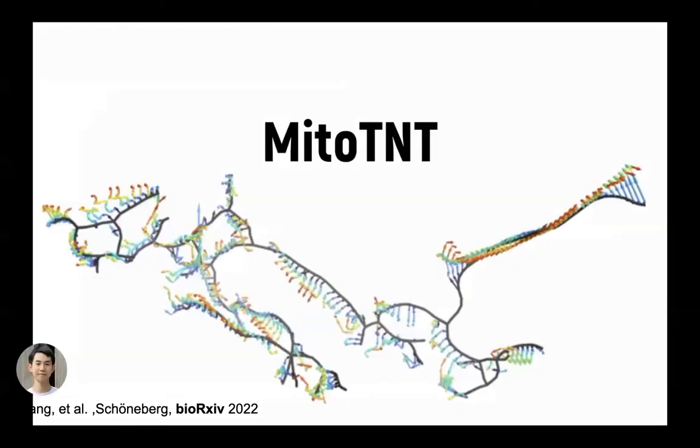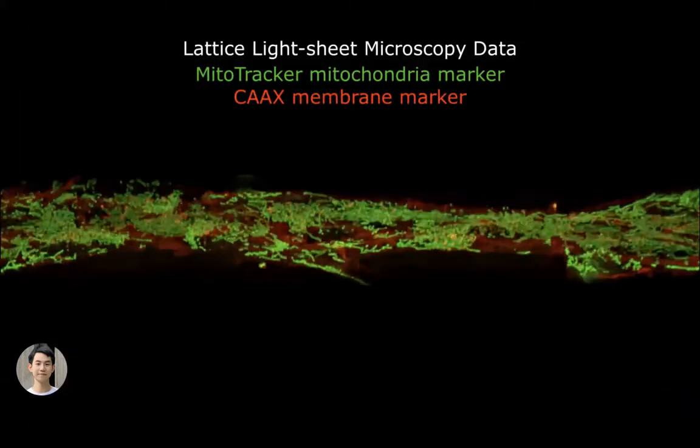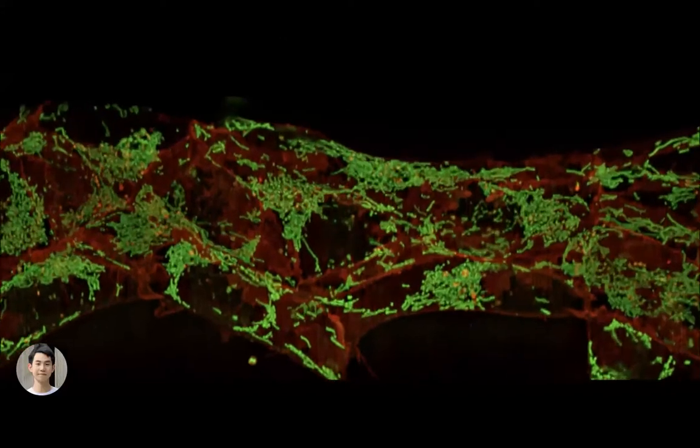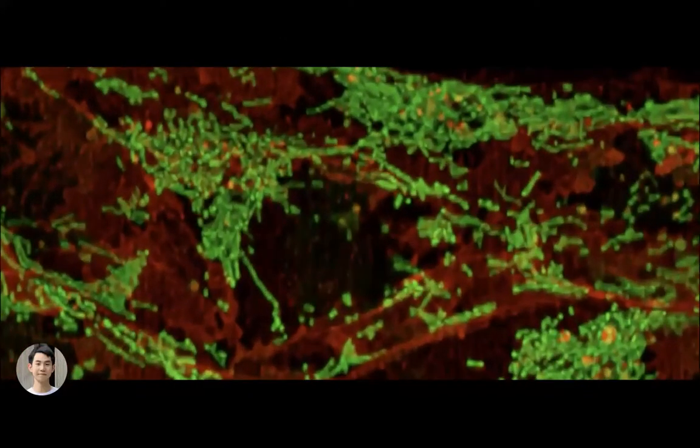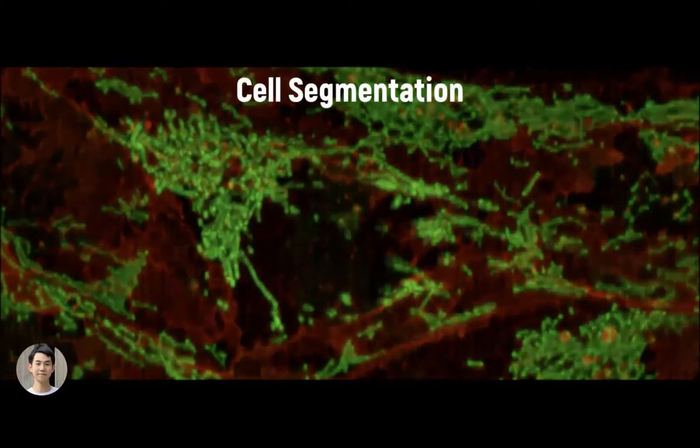We call this MitoTNT, for mitochondrial temporal network tracking. What it does is it takes 3-dimensional time-lapse data, so 4-dimensional lattice light sheet data.